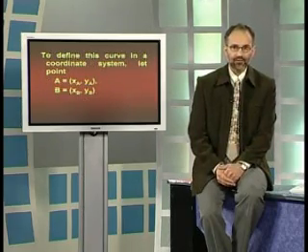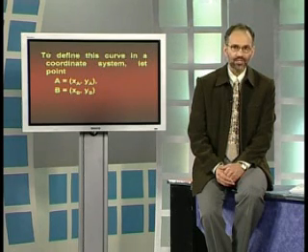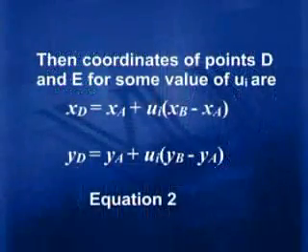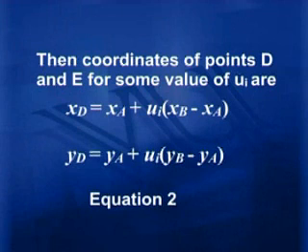To define this curve in a coordinate system, let's assume that point A is given as xa, ya, and B is given as xb, yb. Then the coordinates of points D and E for some value of ui can be given as xd equals xa plus ui times xb minus xa.